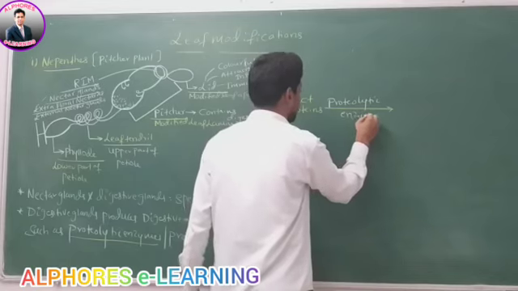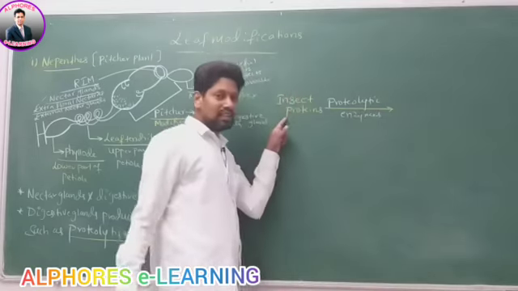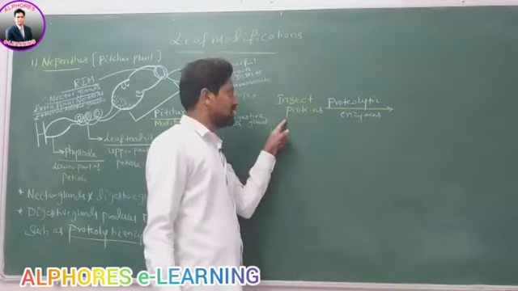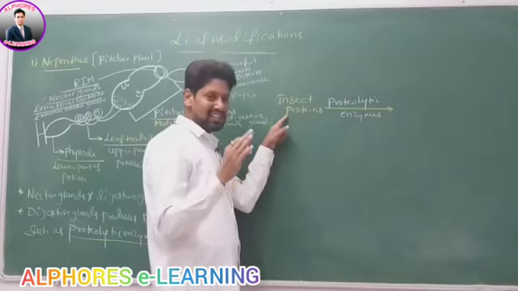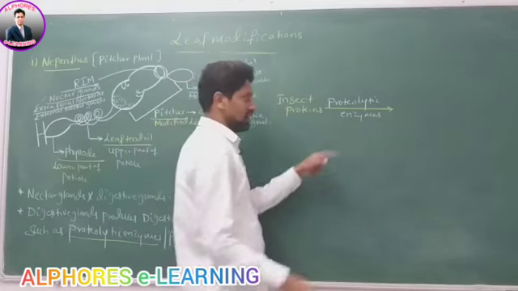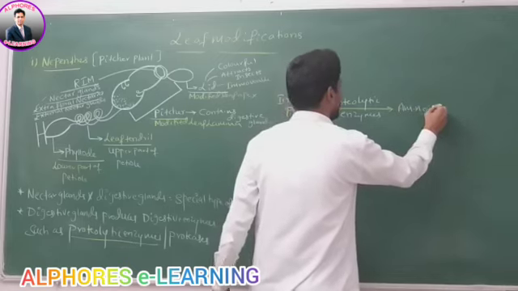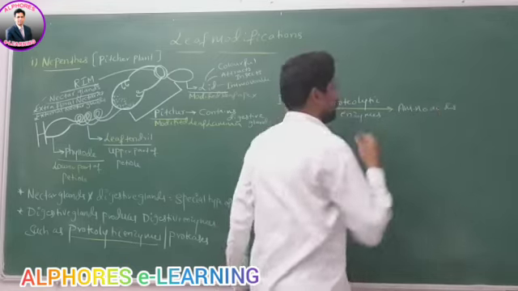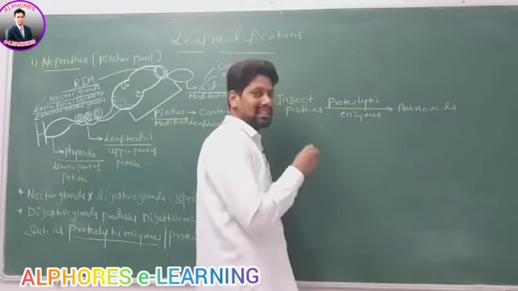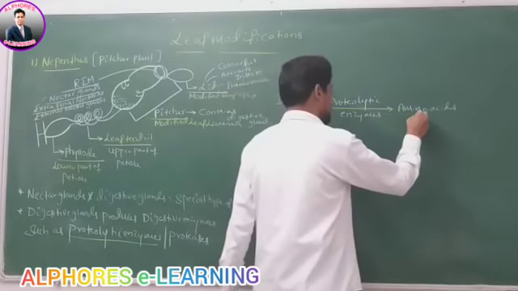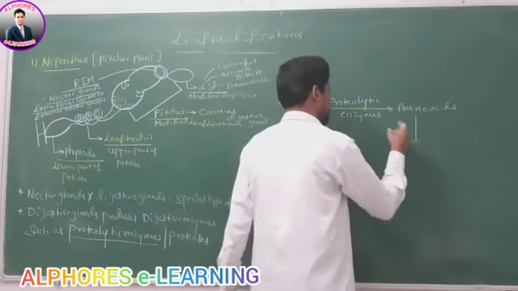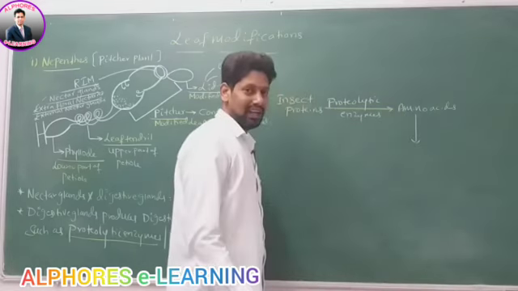Proteins are made up of amino acids, right? When these insect proteins are digested by proteolytic enzymes, we get amino acids. Amino acids contain nitrogen.